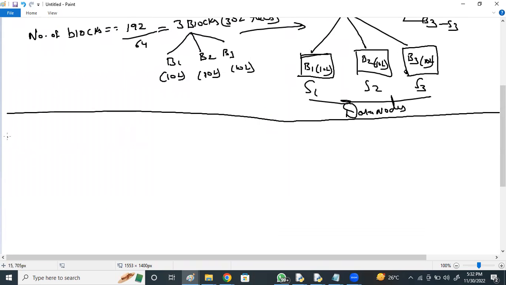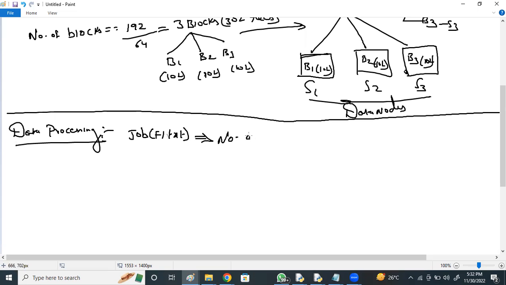Now, if you talk about data processing, for example, your job is to process the f1.txt file. In Hadoop, a job always divides into a number of tasks. If you want parallel processing, your job must be divided into tasks.